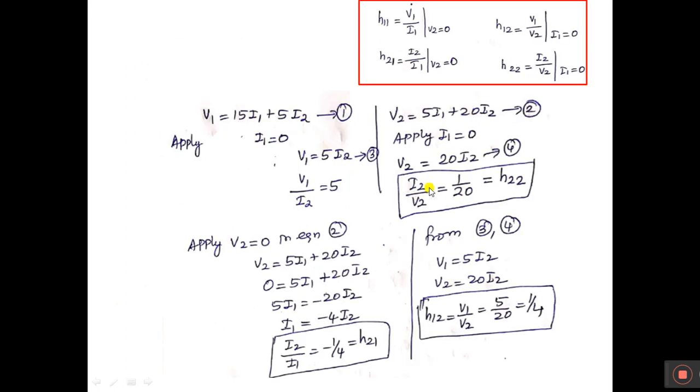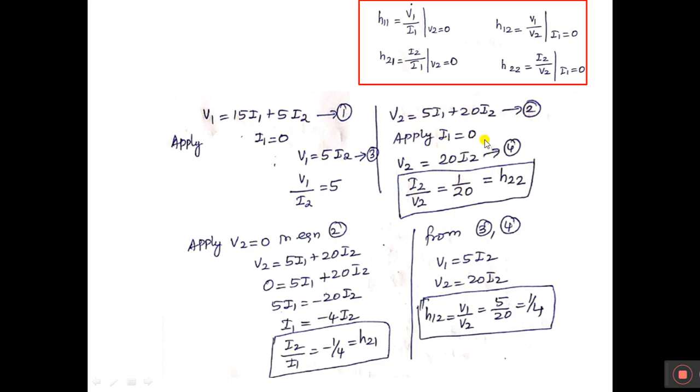Now first I am taking equation 1, V1 equals 15 I1 plus 5 I2. First I apply I1 equal to 0 in the first equation. If I make I1 equal to 0, V1 equals 5 I2. So V1 by I2 equals 5. Check whether there is any relationship in these parameters. V1 by I2, nothing is there, so just keep this.